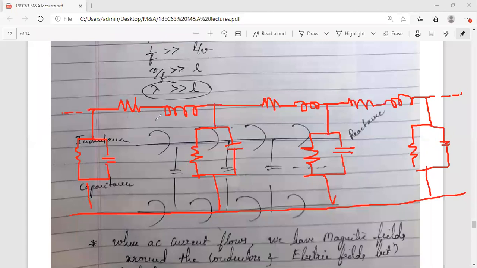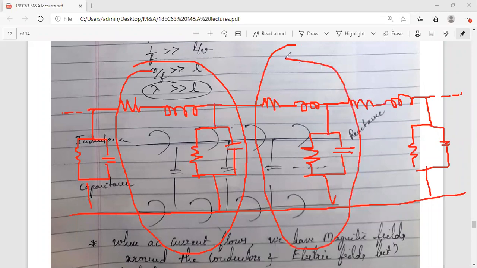For my analysis, I will take only one part, because I cannot take the complete transmission line. I have to divide the complete line into smaller units per unit length. I will take one small unit, this particular unit. You can even start with the previous one also. Similarly, it will be repeated here and here like this.